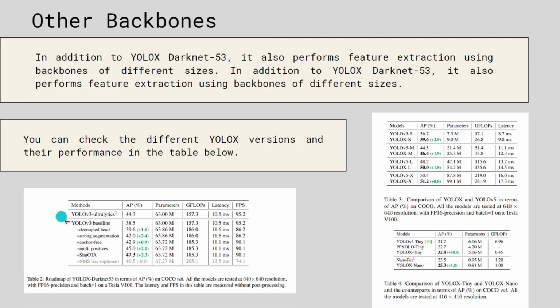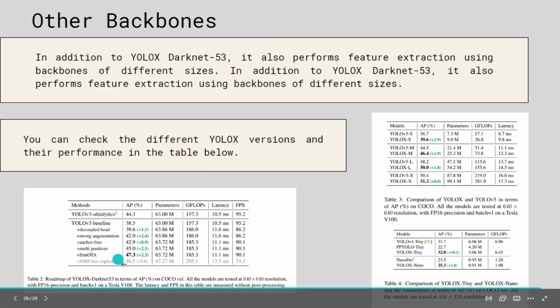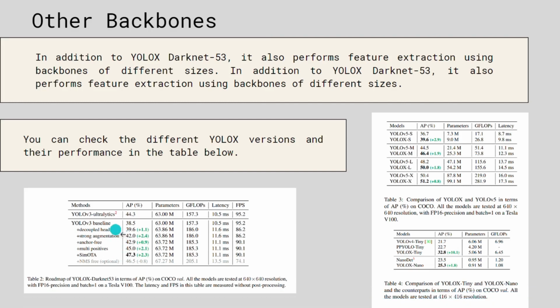Here we can see the YOLO v3 Ultralytics model, which is just a PyTorch implementation of the YOLO v3 model. By using YOLO v3 as a baseline and introducing all of the techniques that we have mentioned previously, such as introducing the decoupled head, we got an improvement of 1.1.